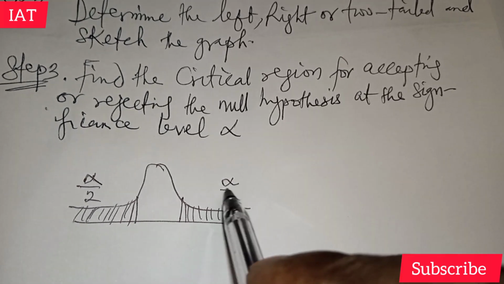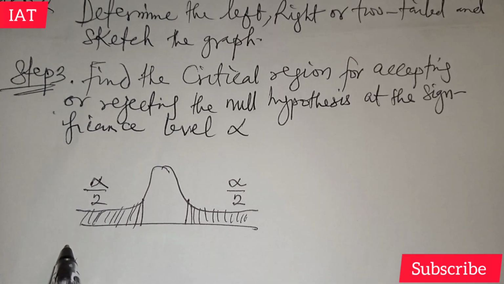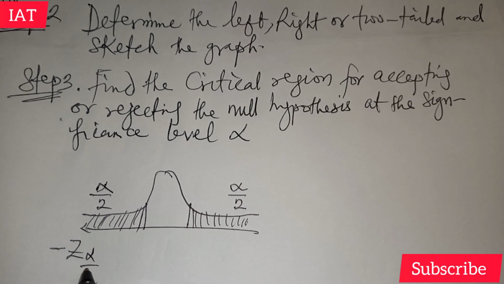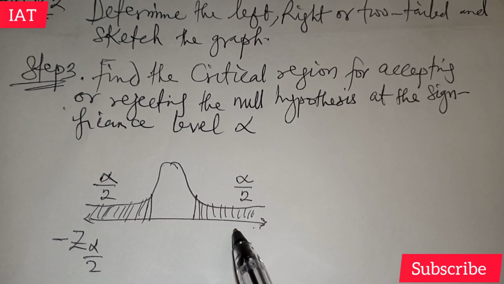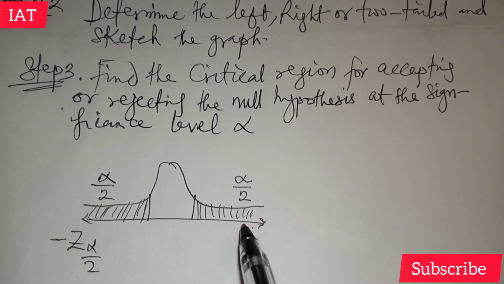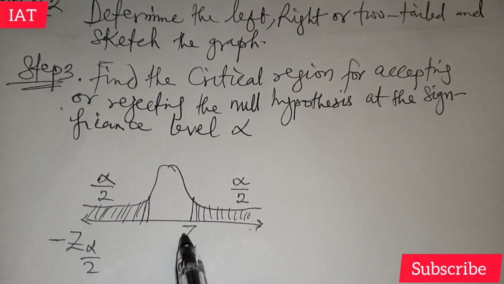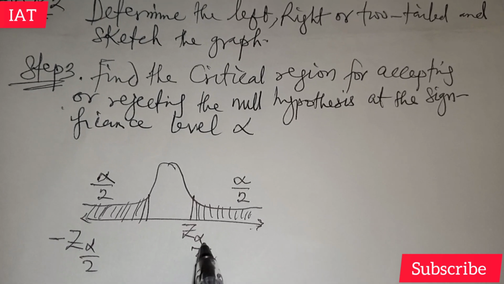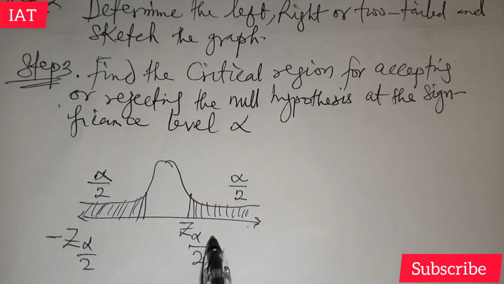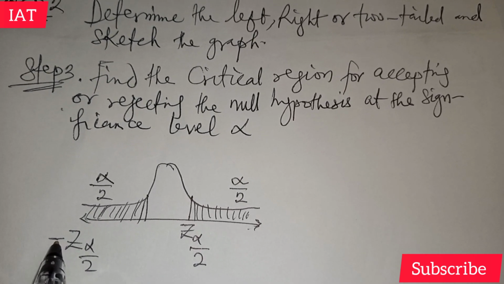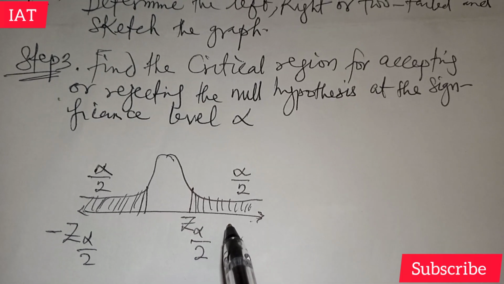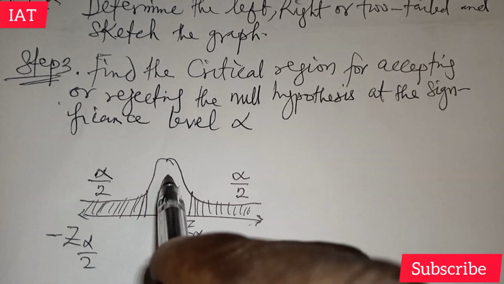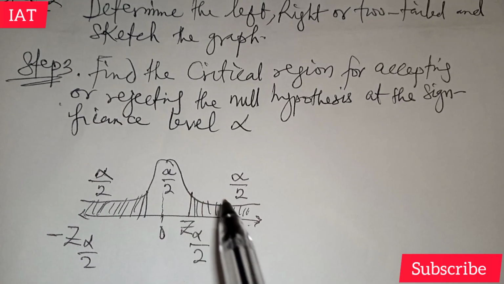This is alpha over 2, and then I will also have this negative z to be alpha over 2. Also, this part is a negative part, this is a positive to infinity, so still have z at this point to be also alpha over 2. I always have the same value right from the left and the right, but the difference is that there will be a negative value and there will be a positive value. And here we have, this is the center, of course, non-rejection point. So here is always alpha over 2, right?